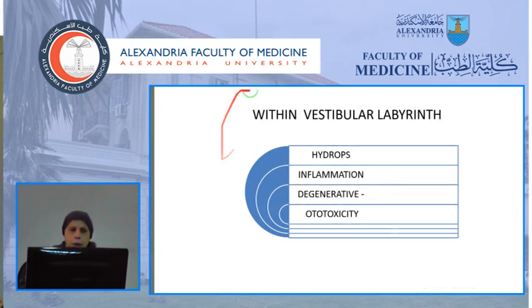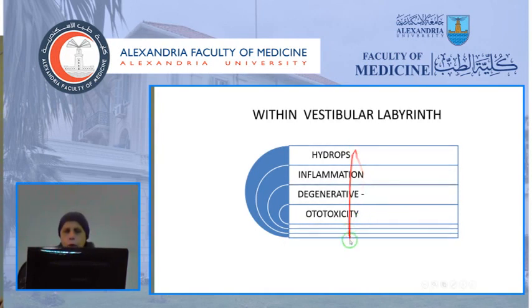It may be within the labyrinth, the vestibular labyrinth, like what? Hydrops or Meniere's disease. It may be inflammatory, like in labyrinthitis, whether viral or bacterial. It may be degenerative, like the degenerating otoconia. It may be ototoxicity affecting the cells or the sensory receptors and the stereocilia of the sensory receptor.